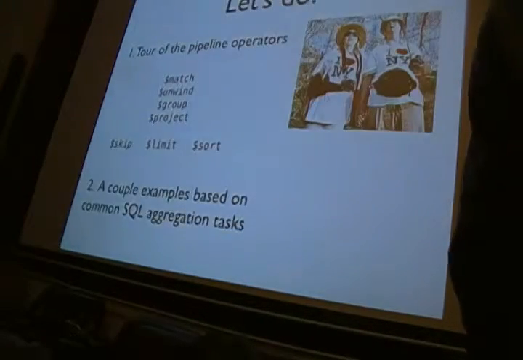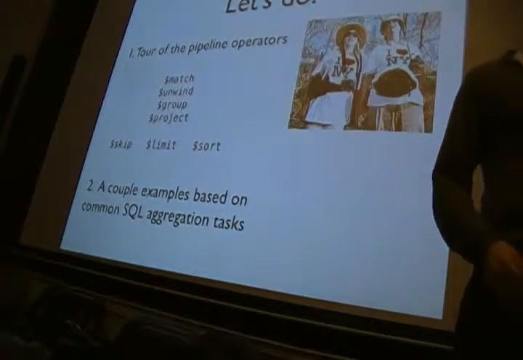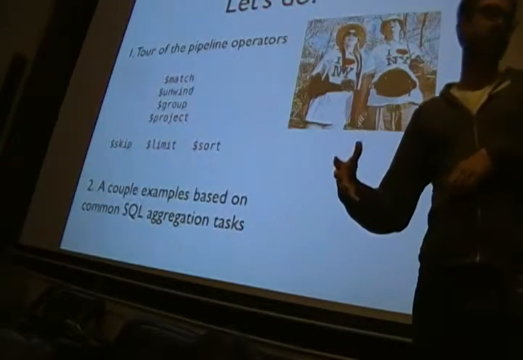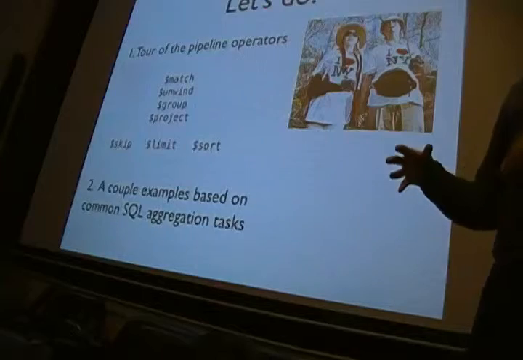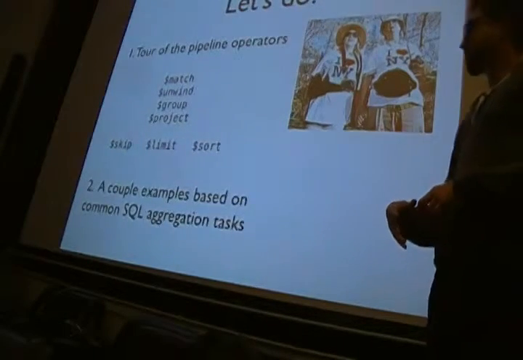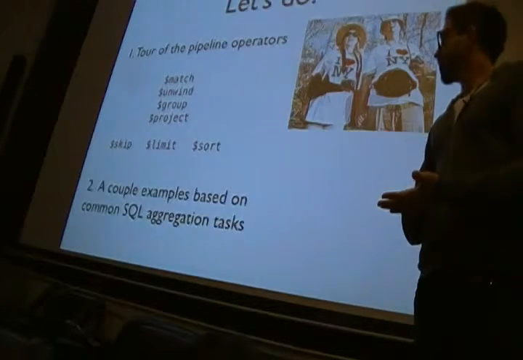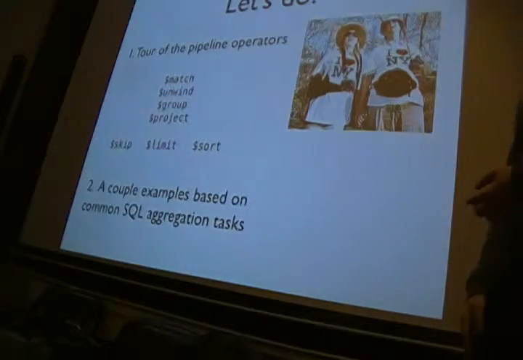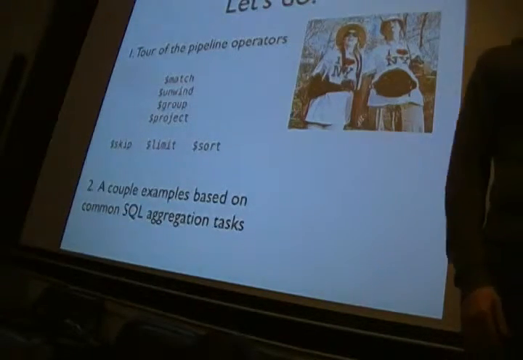Now we're going to go through a couple of pipeline operators so you can see what this will actually do, and do a couple of examples and compare them to what you might have done in SQL that's comparable to these aggregation tasks.